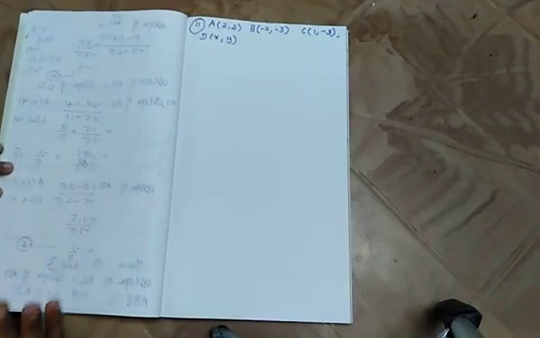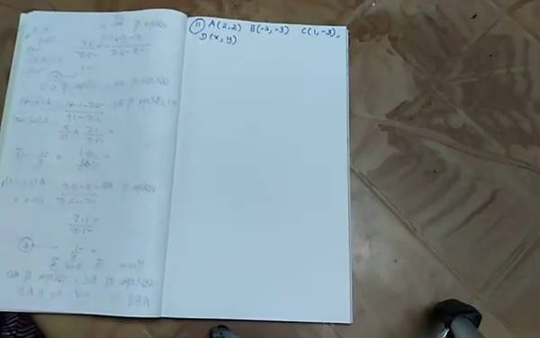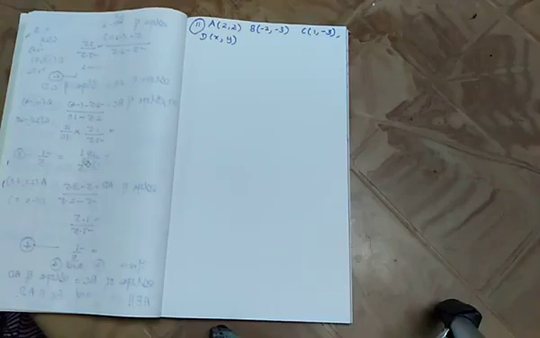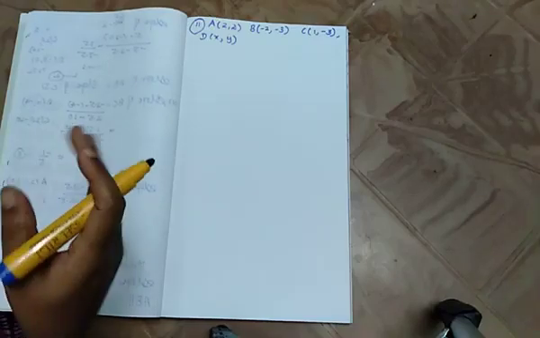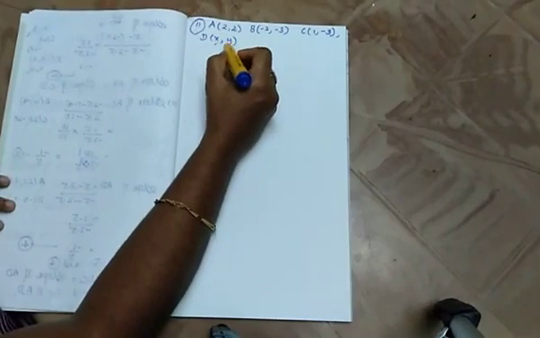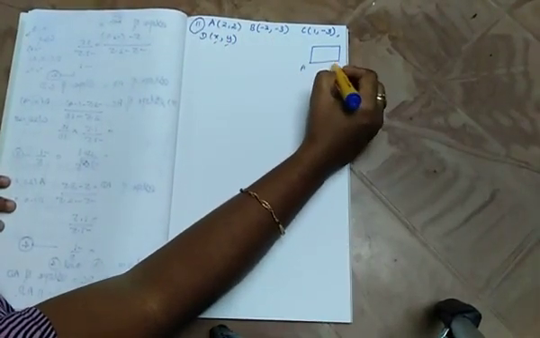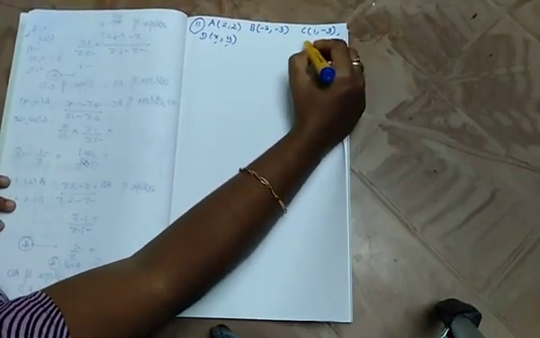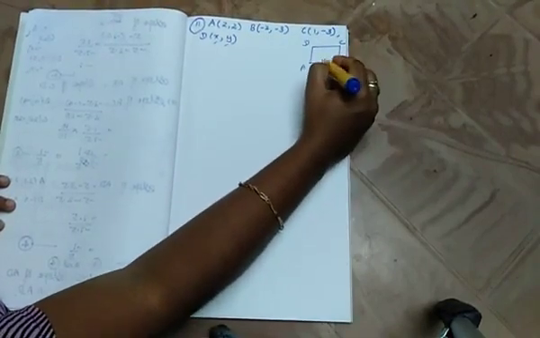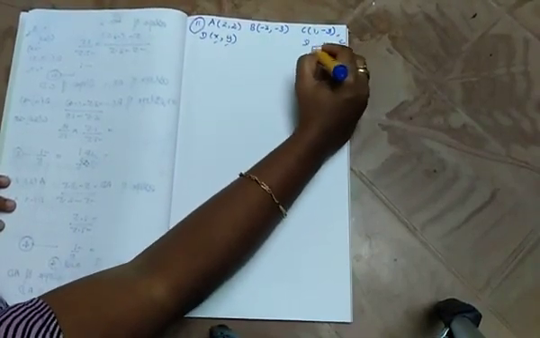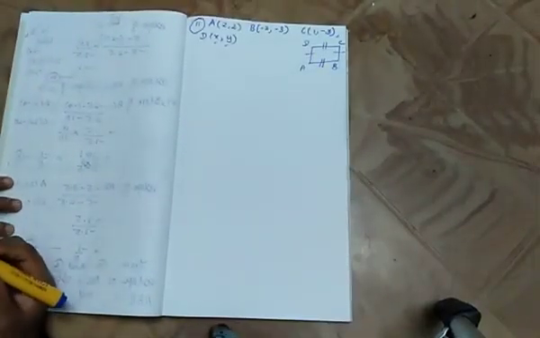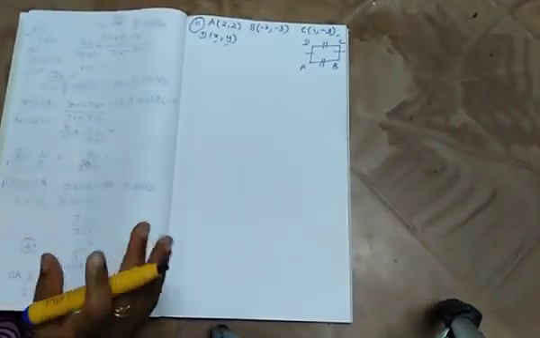Here they didn't ask you to check whether it is a parallelogram or not. Here they are telling us these 4 points form a parallelogram, then find the value of x and y. Parallelogram means we know the opposite pairs are equal.